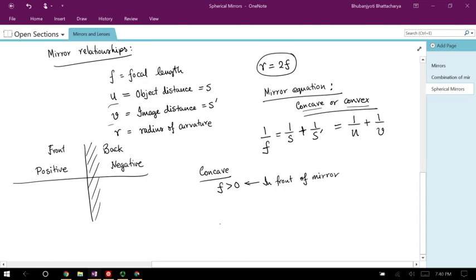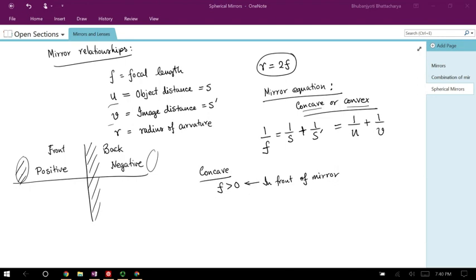The object distance is positive, because generally for a mirror the object has to be in front of the mirror. If the object is behind the mirror, you will generally not see an image.